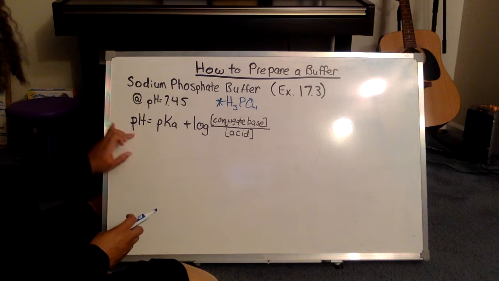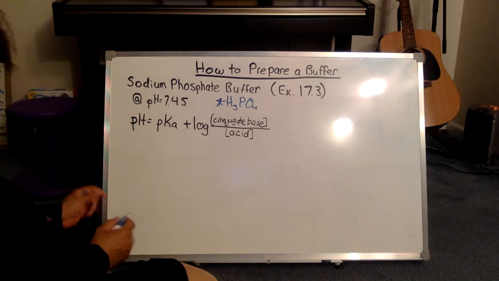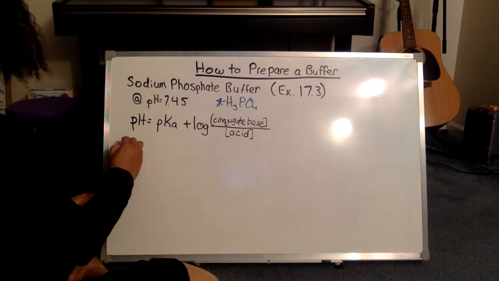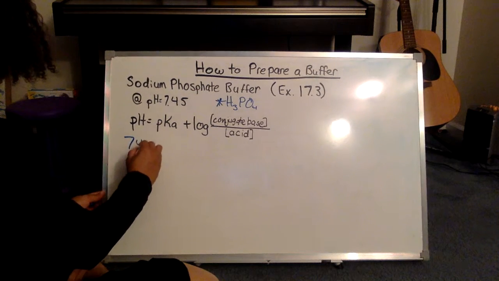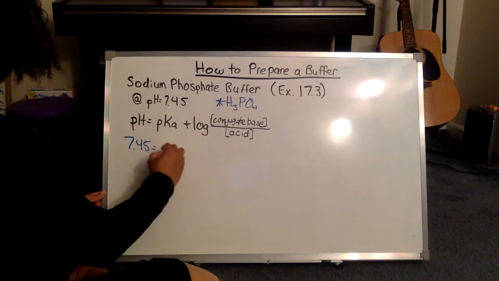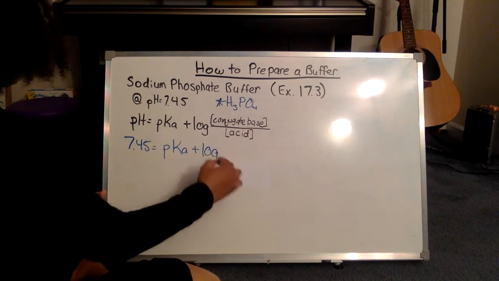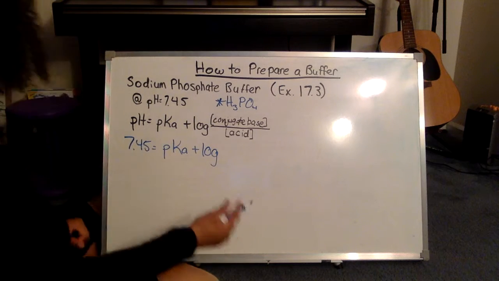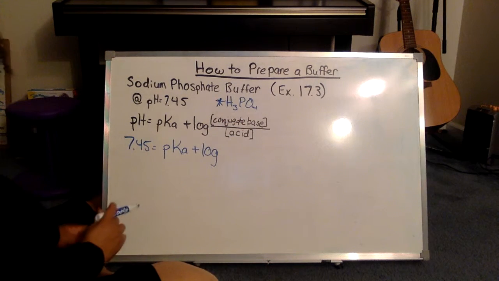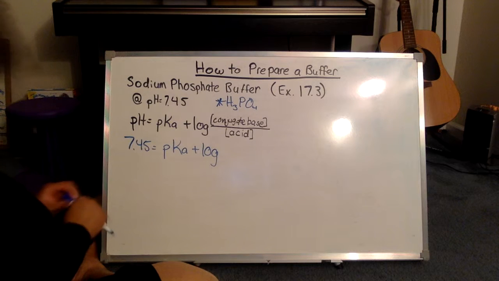And we want our pH to be equal to 7.45. So this equation is going to be 7.45 equals pKa plus log of, and I'm going to leave this blank for right now, this conjugate base over the acid, because we need to figure out what exactly we're going to use for that.